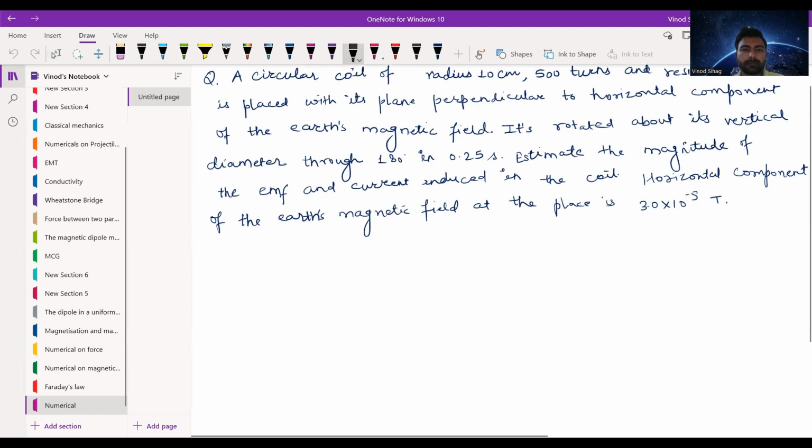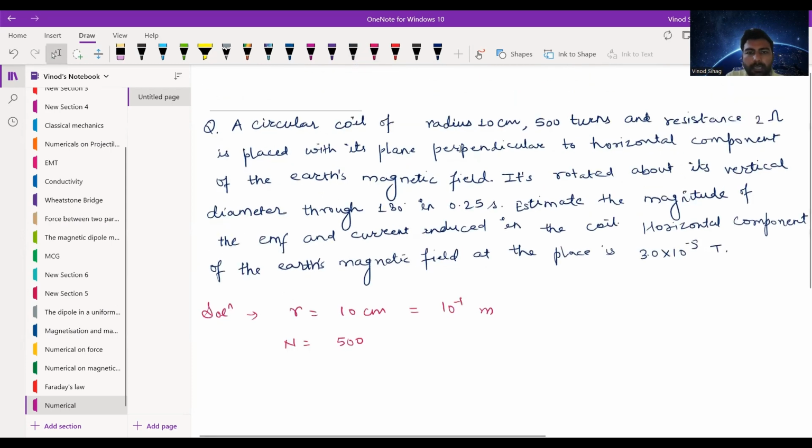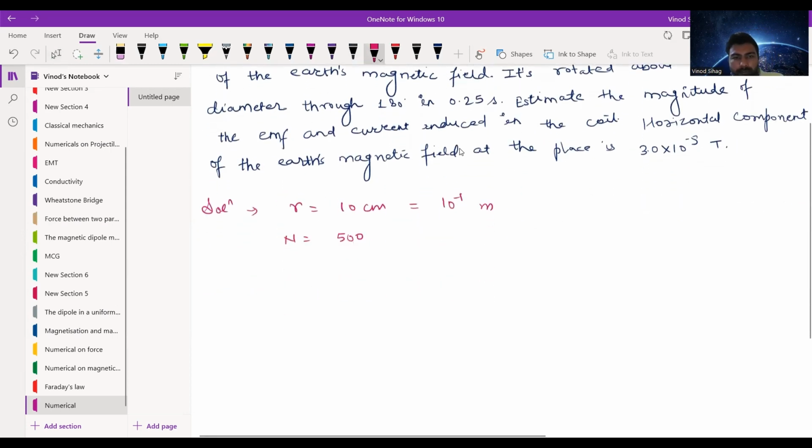So first of all, what things are given here? Let me write. Solution. Radius is 10 centimeter, or we can say 10 to the power minus 1 meter. The number of turns is n equals 500. The circular coil is given, and the resistance is R equals 2 ohm.